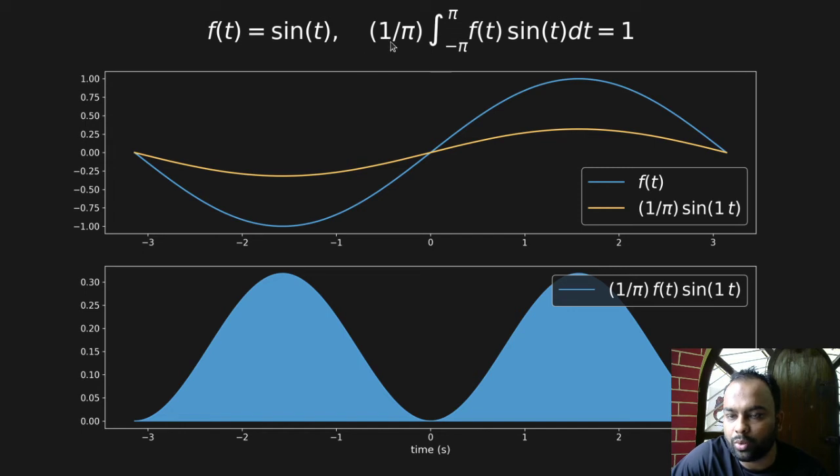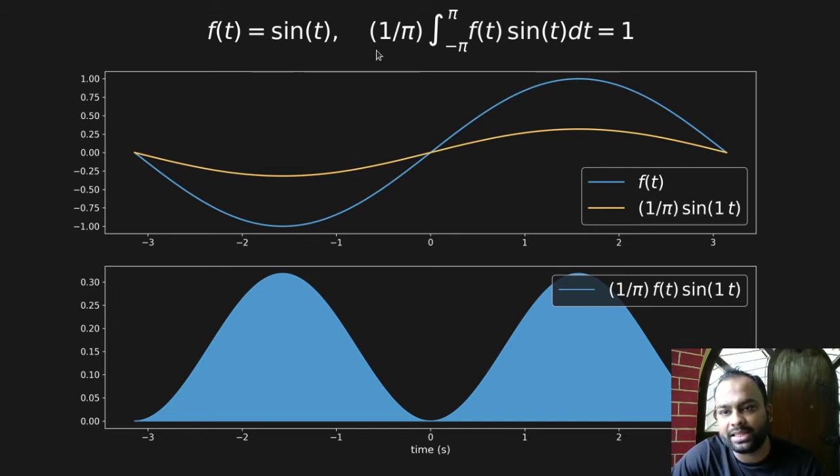So basically, this is what we are doing so far, right? We have this signal, which is again sine t, and this is again 1 by pi sine t, and we have just multiplied them and divided by pi. So of course this integration is going to be 1, right? That's quite understood because of our mathematical development so far.